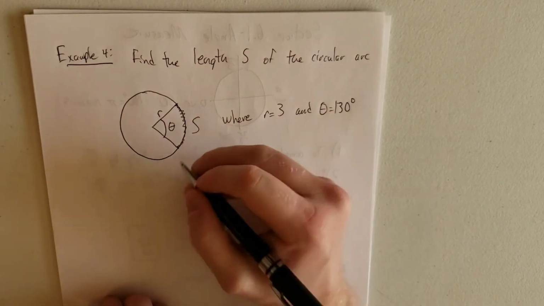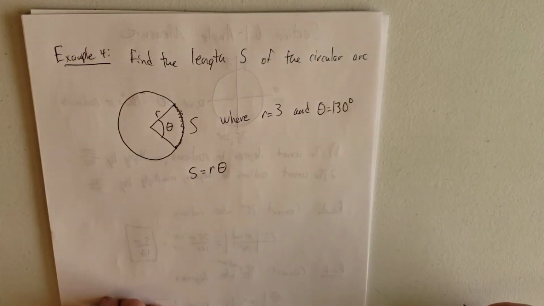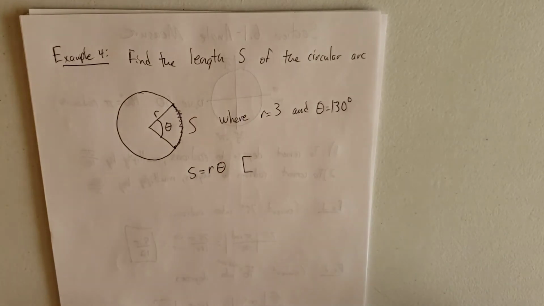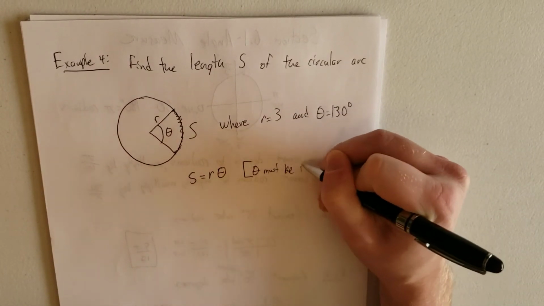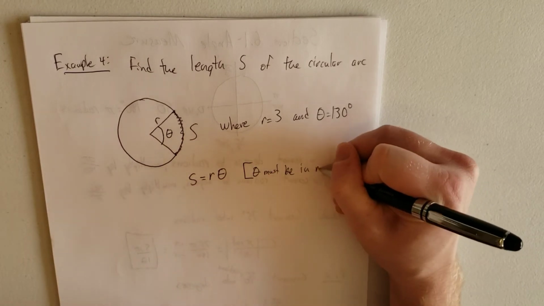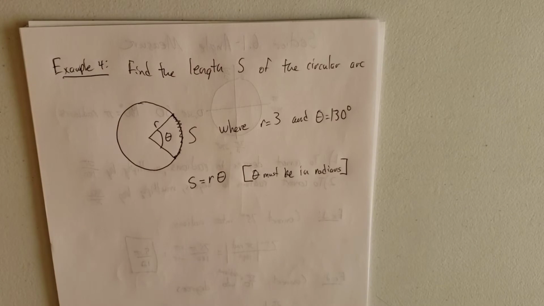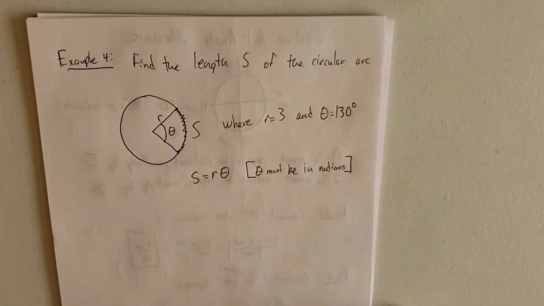The formula for this is in your book, but it is S is equal to R theta, so it's just a product of the radius and the angle. But there's one key note here, and that is that theta must be in radians for this formula. So the first thing we want to do is convert our degrees to radians.